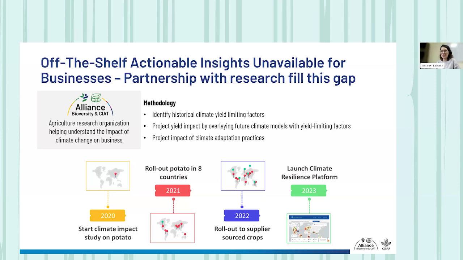So 8 additional countries within the company wanted the same solution. Soon they rolled it out to their indirect crops, what they call their supplier source crops that they buy through other aggregators. And in October last year, we've made this platform publicly available free of charge at openclimateresilientagriculture.com or .org actually.